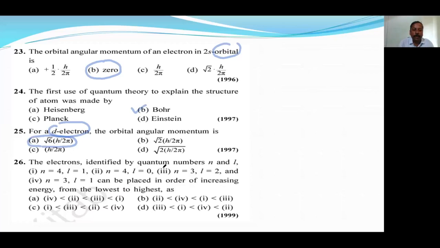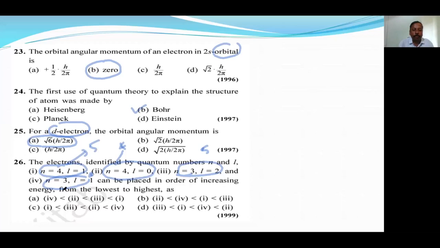Then electrons identified by the quantum numbers can be replaced with simple n plus l. N plus l is equal to what here? It is 5. Here, 4. Here, 5. Here, 4. Now out of this, if the n plus l value is lower, then you can arrange them. Out of those, the n value is less for the fourth option.